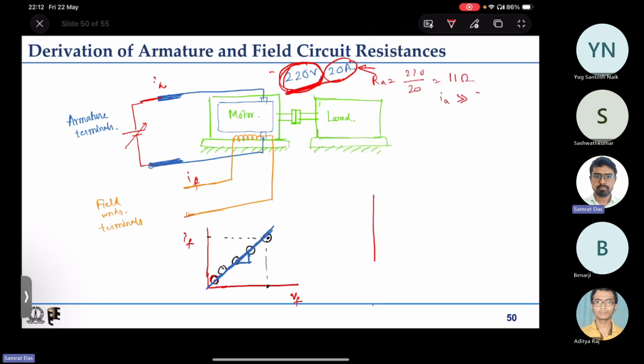In this case also, we will be measuring the current and exciting with some voltage. We will change the voltage so that the ammeter reads about 20 ampere.